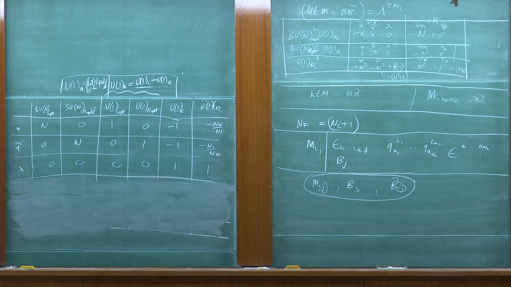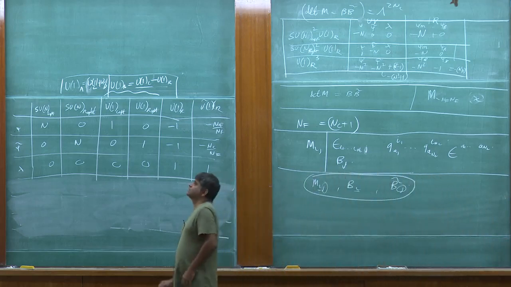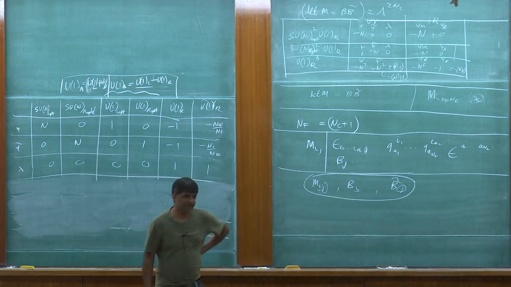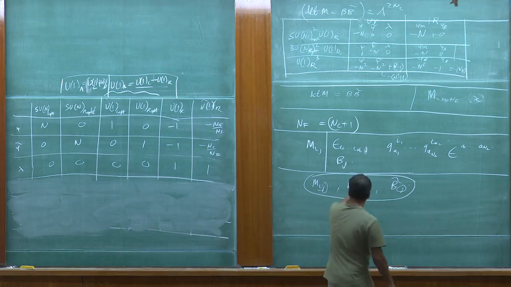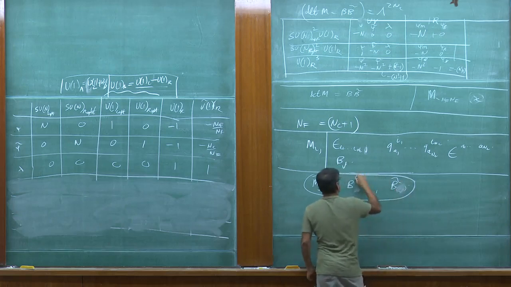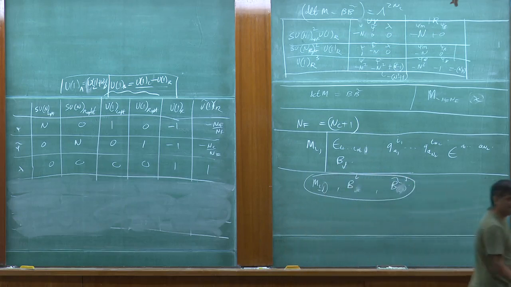B will be in the anti-fundamental of SU(N_F), correct. As you say, because of that comment, let's put the indices up. M^i_j, B^j. Perfect.